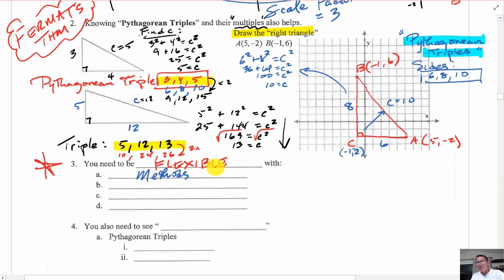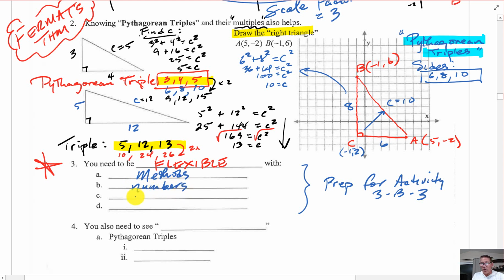We're going to be analyzing this in the next activity, 3B3. So this is actually an important part of getting you ready for 3B3. This is the prep for activity 3B3, so pay attention here. You need to be flexible with different types of numbers.